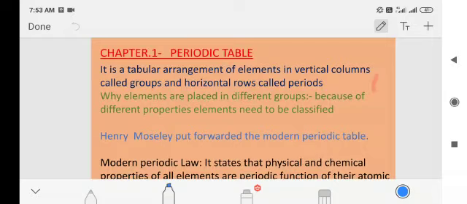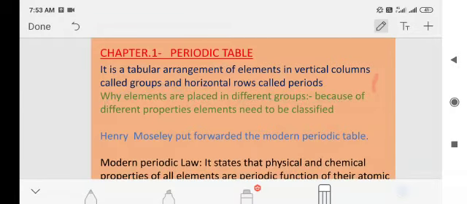The same way, elements are placed in different groups because their properties are different. That is why they need to be classified. Simple logic. Different elements have different properties, so they have to be kept in different places. I think it's clear for you.